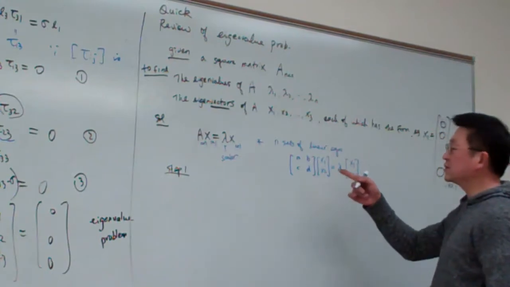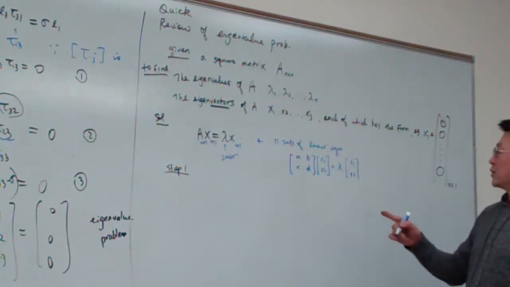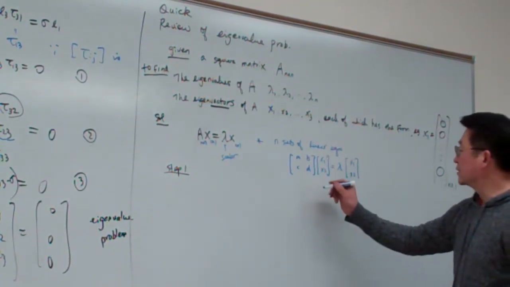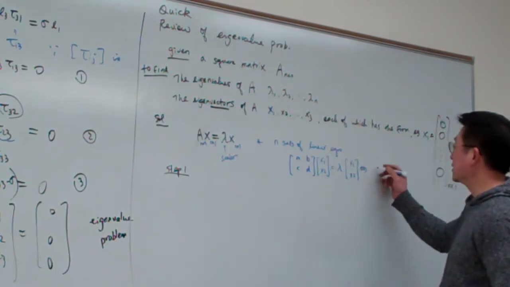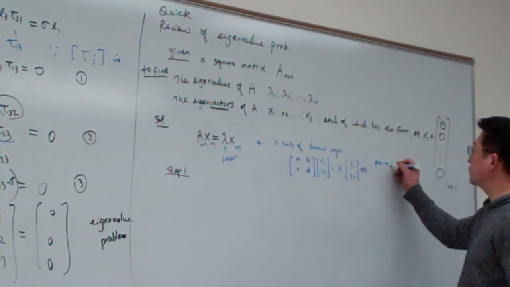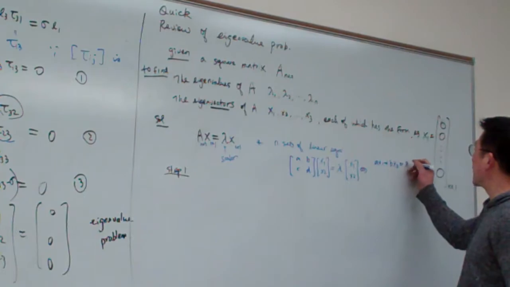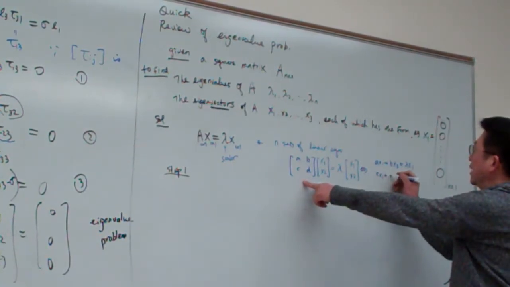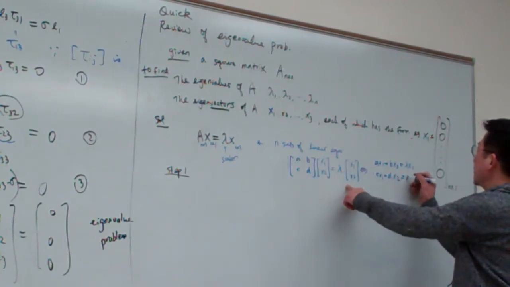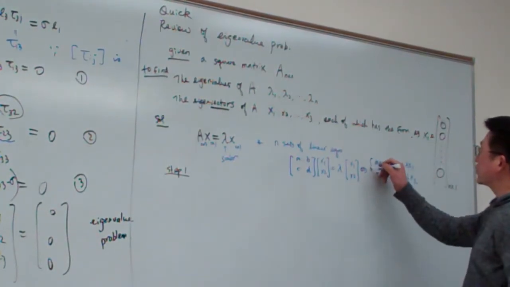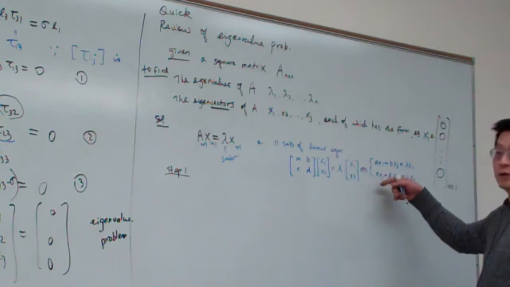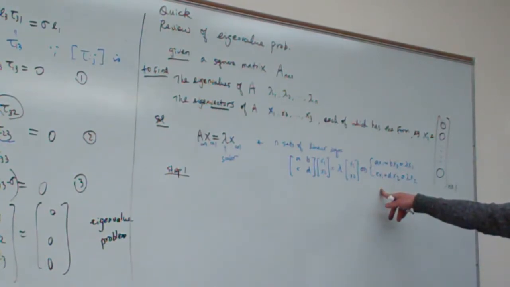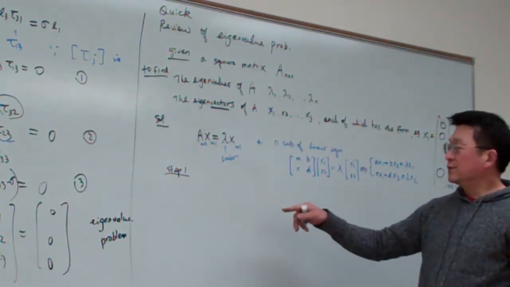Once we expand it, this really represents ax1 plus bx2 equal to lambda x1, and cx1 plus dx2 equal to lambda x2. That represents the two linear equations, so keep that in mind.